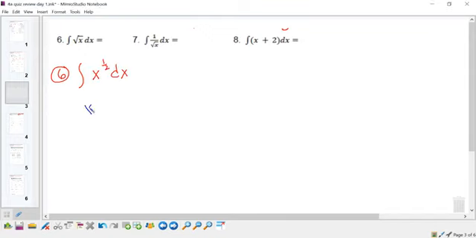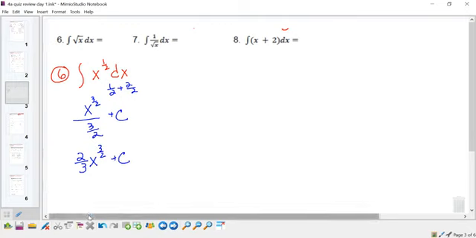So now I can add 1. You need to see it written out. 1/2 plus 1 is 3/2 over the new power. But dividing by a fraction is the same thing as multiplying by the reciprocal of the denominator. So this is really 2/3 x to the 3/2 plus c.